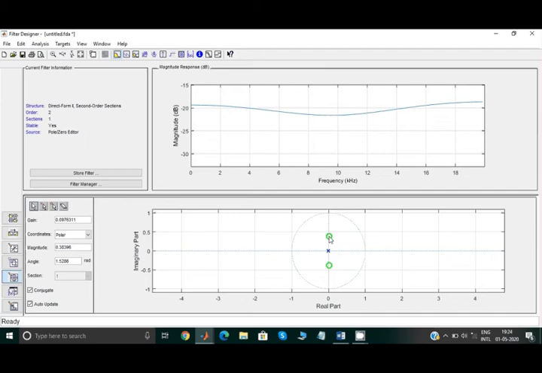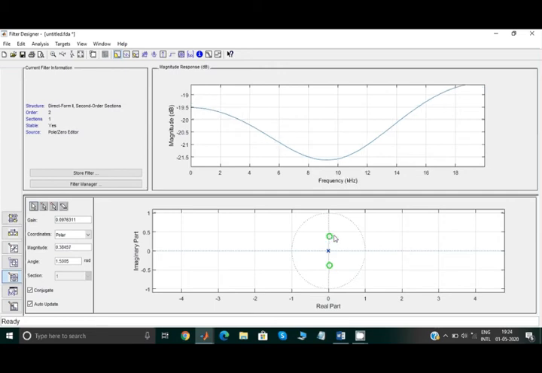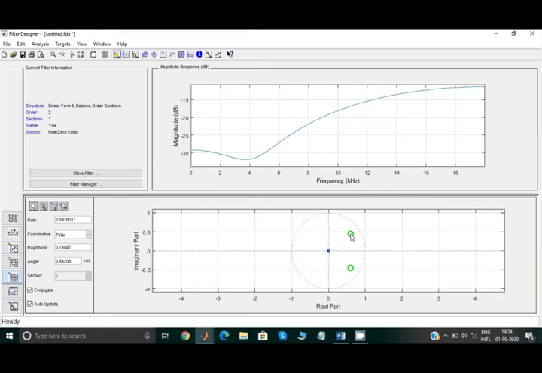For the pole it was the opposite: as you move closer to the unit circle, the amplification increases. But for the zeros, attenuation increases. So the effect increases as you move closer to the unit circle. Effect for the zero is attenuation. For the pole, the effect is amplification.